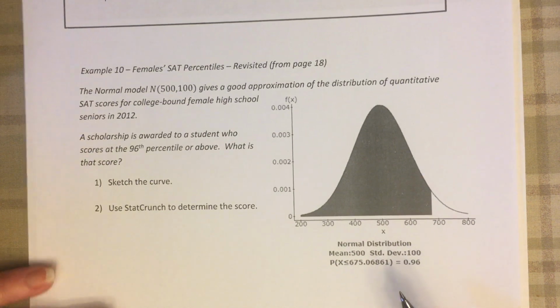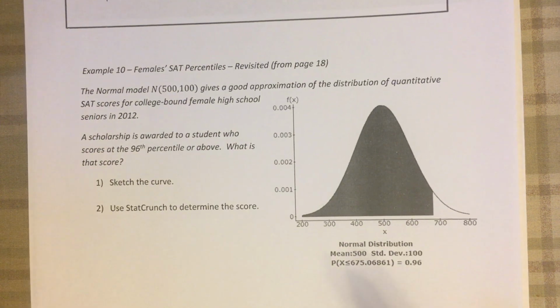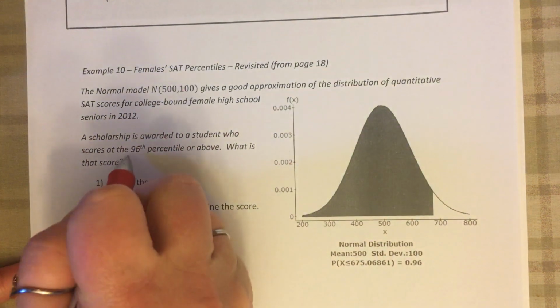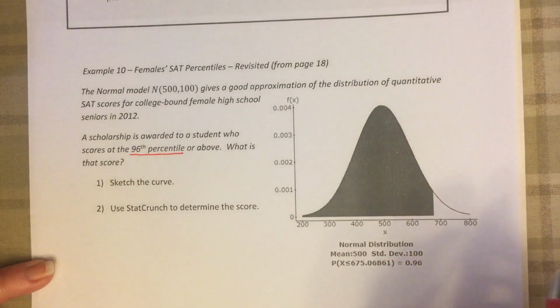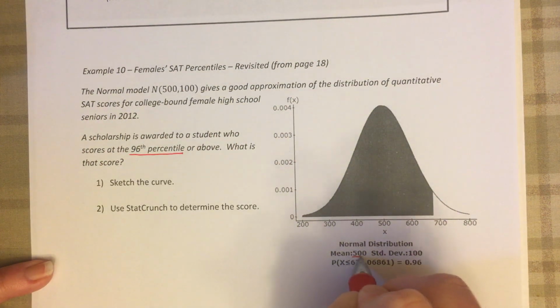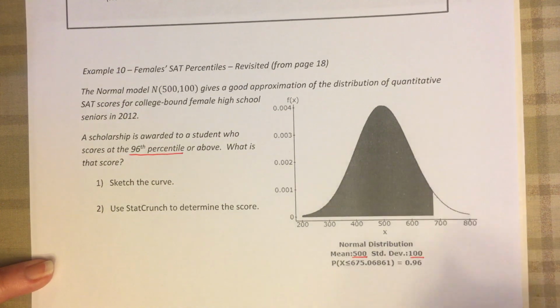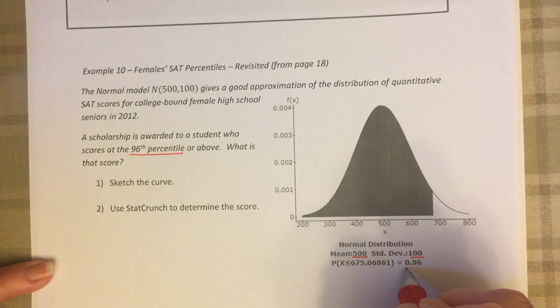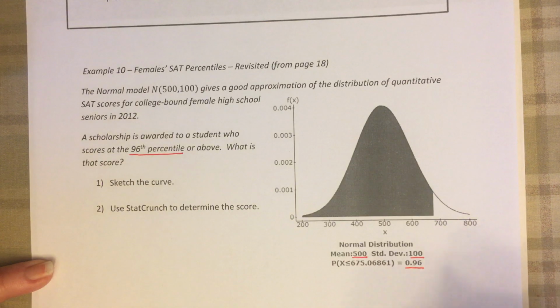So in this case, we're going to go back to example 10 that we did a couple of pages ago in the notes. And we were asked to find the 96th percentile. Right? So what we entered into StatCrunch, we entered our mean, we entered our standard deviation, and then we actually enter our percent as a decimal, this 0.96.